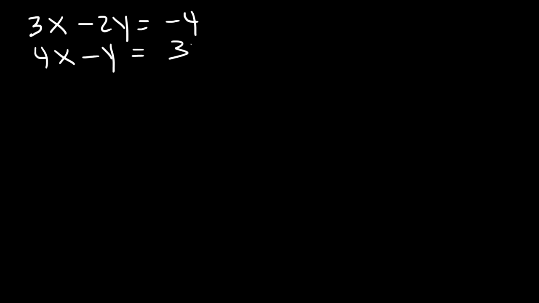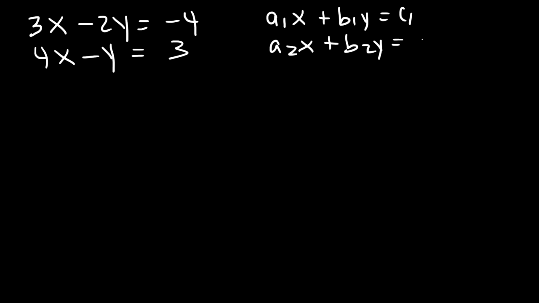Let's try one more example for the sake of practice. 3x minus 2y is equal to negative 4, and 4x minus y is equal to 3. So go ahead and use Cramer's rule to get the answer. So this is in the form a1x plus b1y is equal to c1, and a2x plus b2y is equal to c2. So let's calculate d first. So d is going to have the elements a1, a2, and b1, b2.